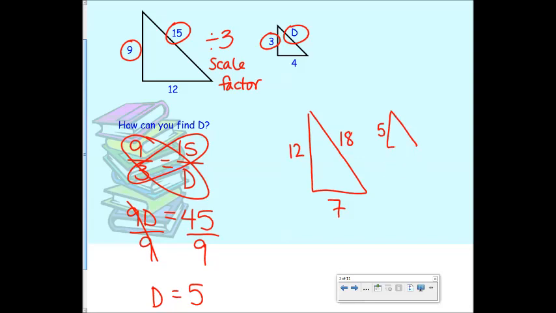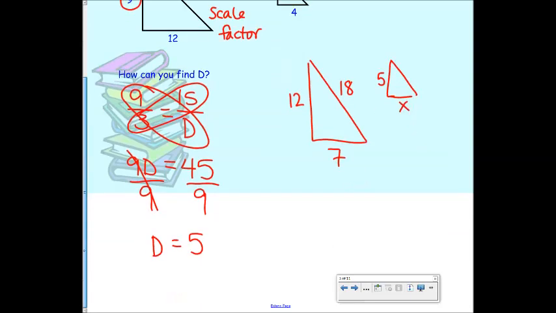What if this were 5 and this were x? What's your scale factor? What do you divide 12 by to get 5? You can, but what kind of number is it going to be? It's going to be a decimal. So here, a proportion makes more sense because it's easier to see what you get when you're doing a proportion.